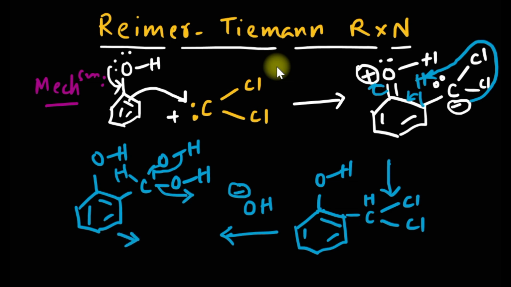Now we'll get the final product here: hydroxyl and aldehyde. Clear? So it will become a double bond and hydrogen is there, so an aldehyde group. So in the ortho position we will get salicylaldehyde. Clear?